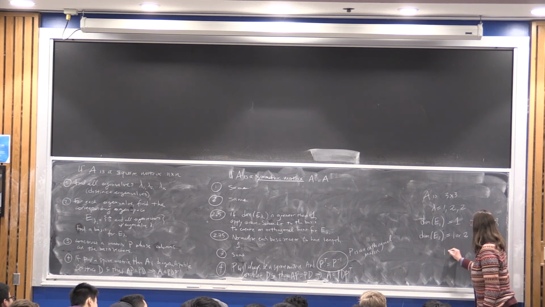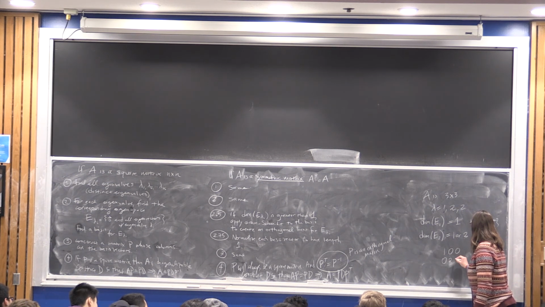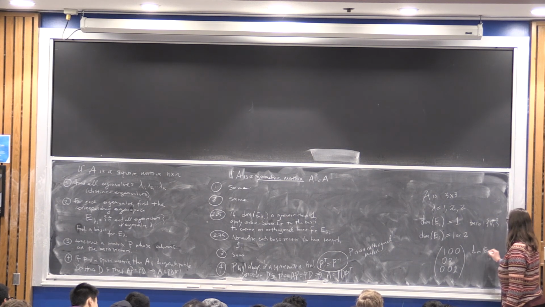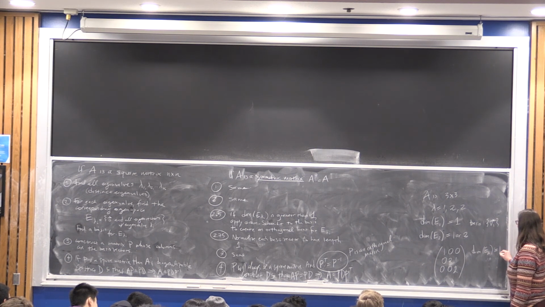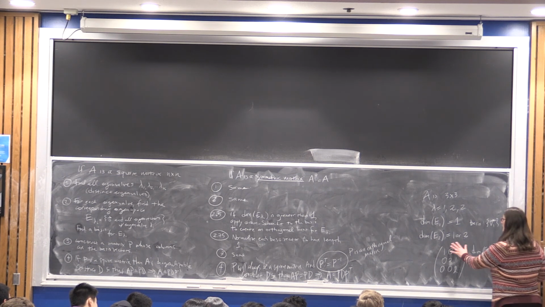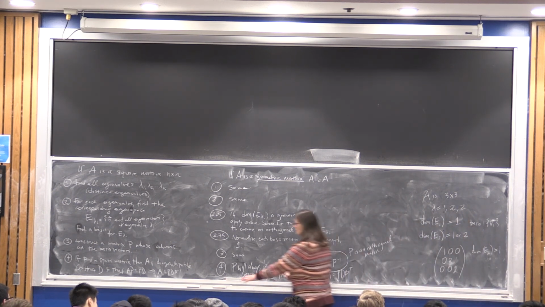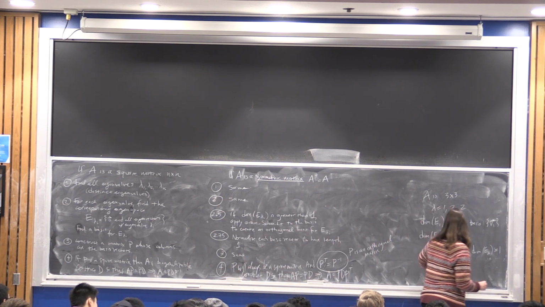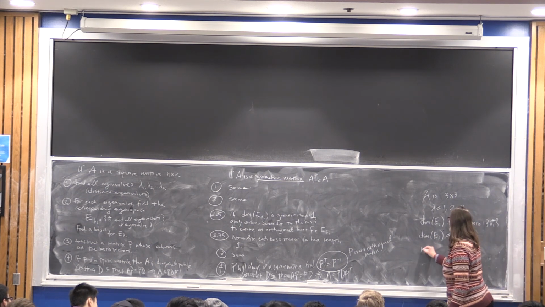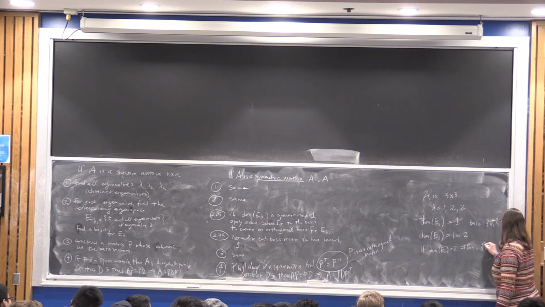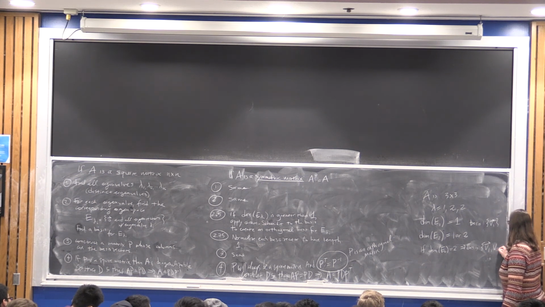If we had the matrix 1, 0, 0, 0, 2, 1, 0, 0, 2, then the dimension of the eigenspace would be 1. But it's going to be 1 or 2. If it's 2, then it has a basis V1, V2.